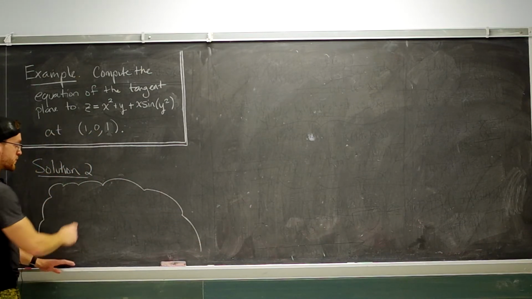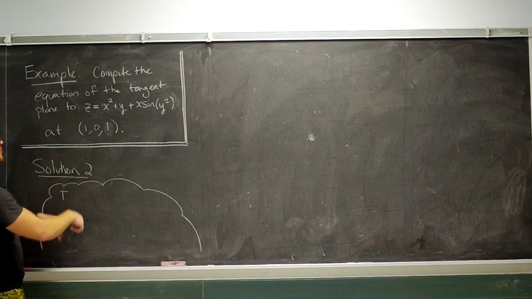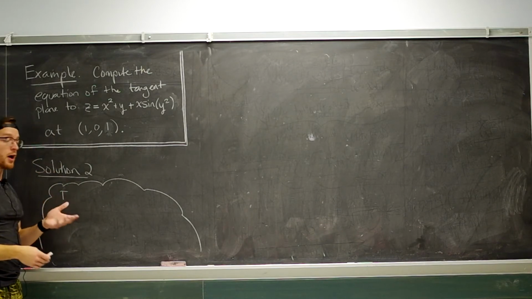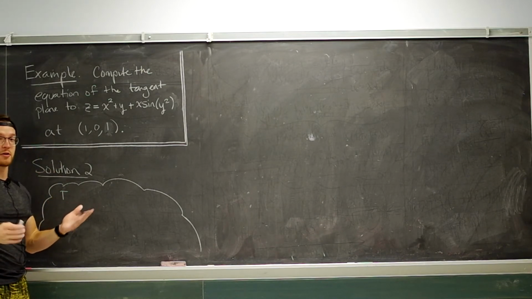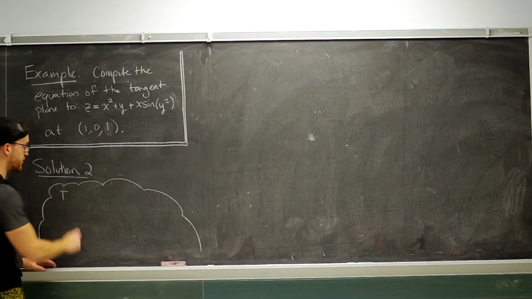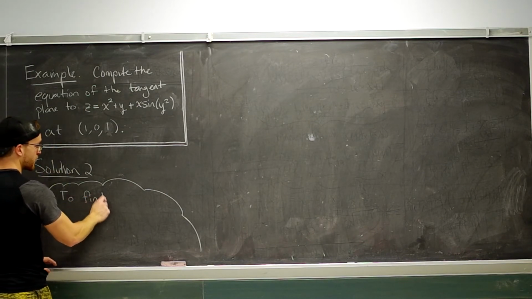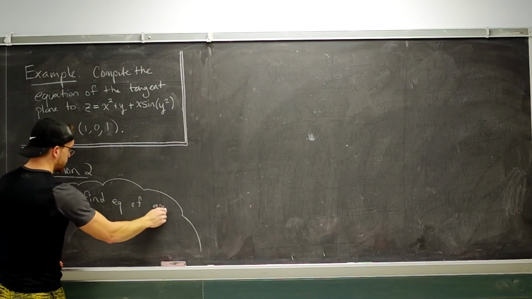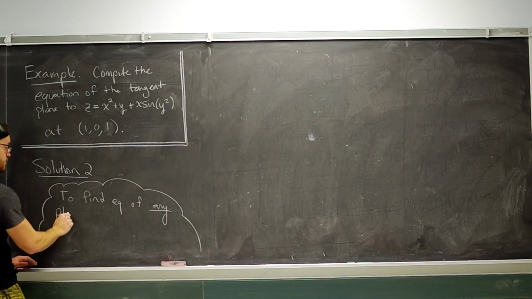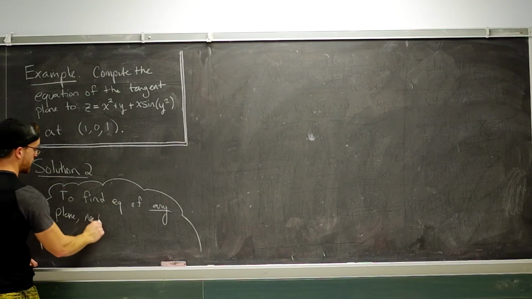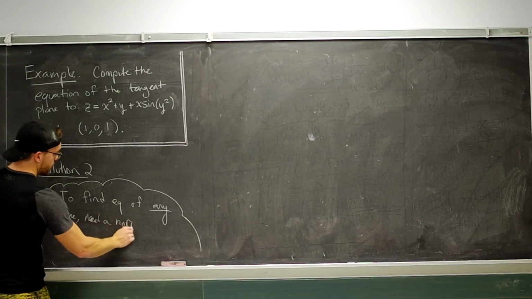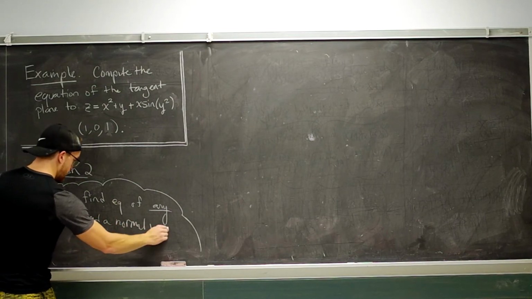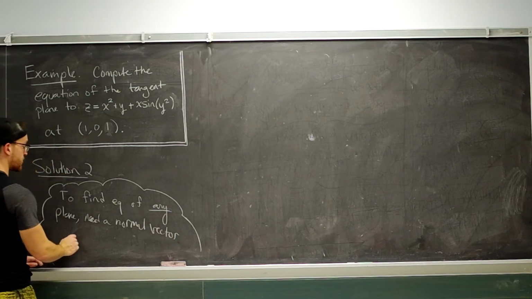Why is that useful? Because what are we trying to do? We're trying to find a plane. How do you find the equation of any plane ever? You need a normal vector and a point.